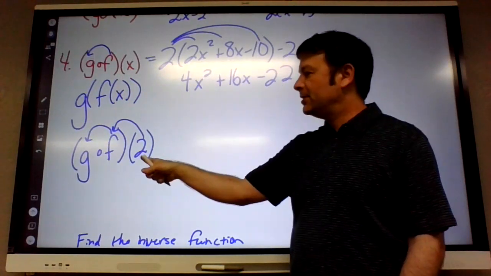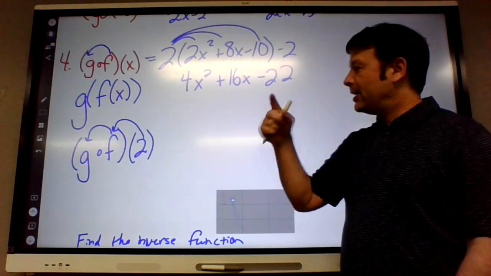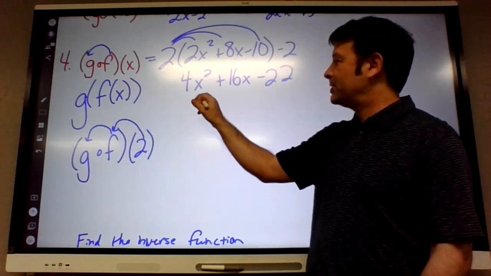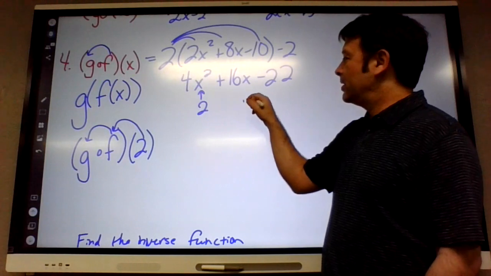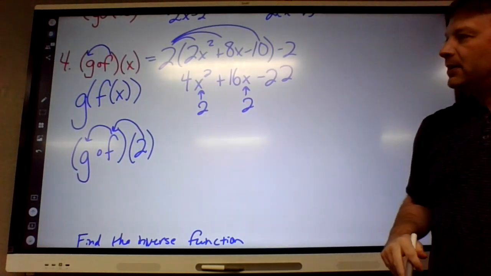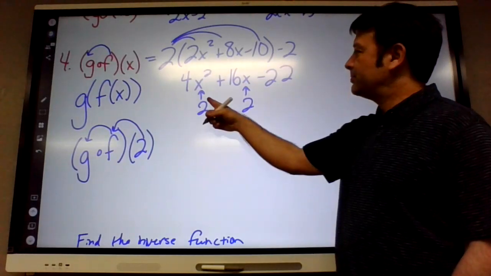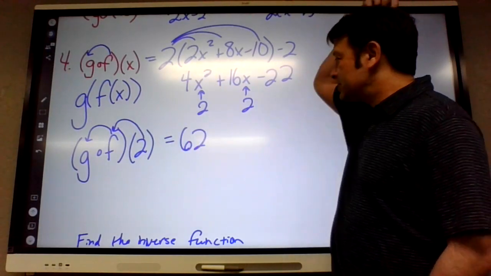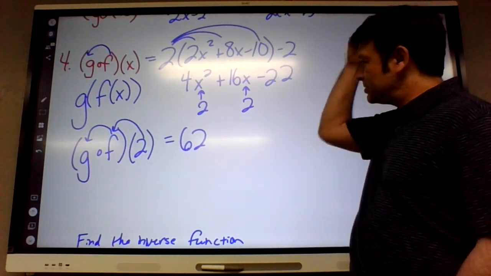But when they have a number, you actually plug it in. Since we simplified this function up here, you could just plug into there also. So let's see, I think it was like 62 or something. 16, 48. No, that's not right.